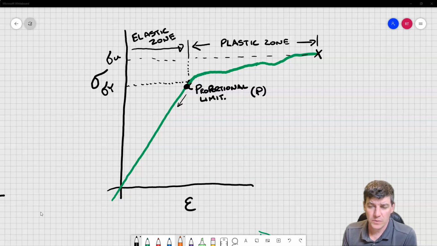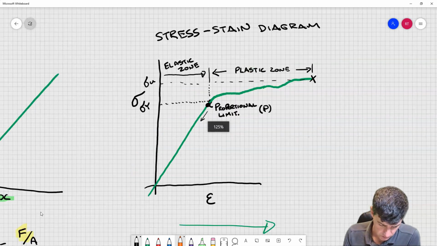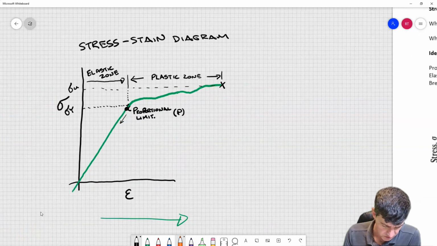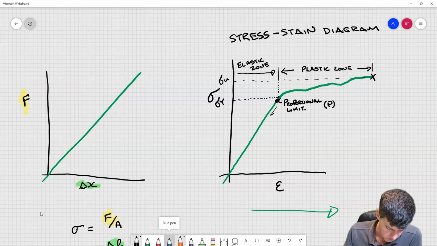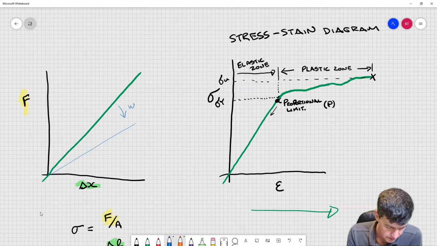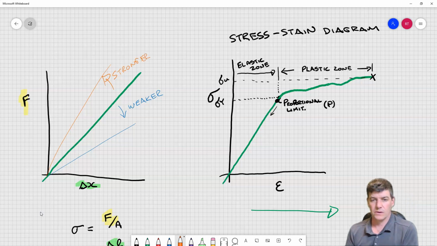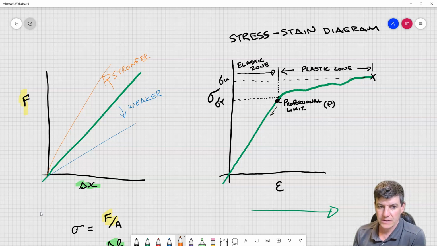Just like when we had a spring, we discussed that if that spring was weaker, or I had a spring that was stronger, we would have a reaction on that diagram that would be different.